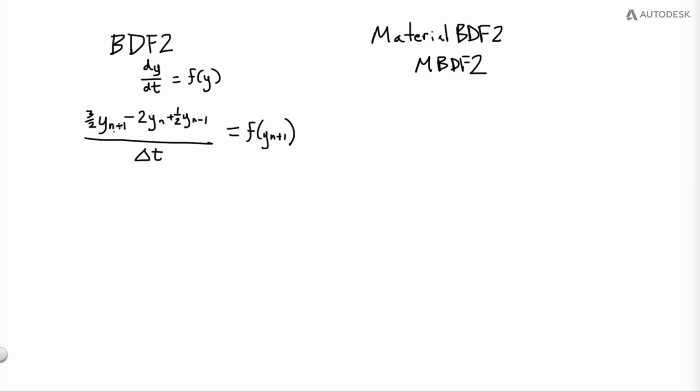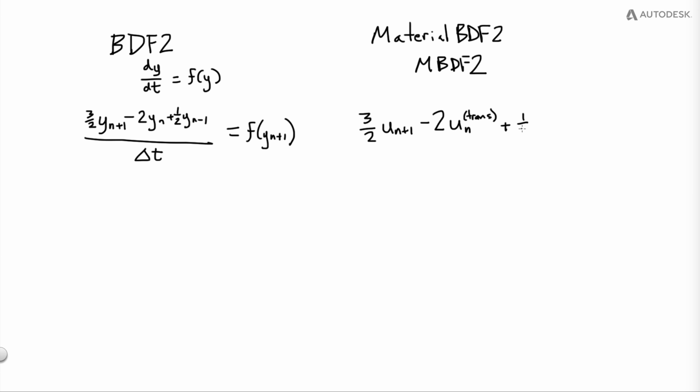And essentially it looks something like this, where we'd take 3/2 times the new velocity field minus 2 times the nth velocity field, but transported. So it's been through a transport to get it onto the time n+1 grid, but we haven't done any physics to it.